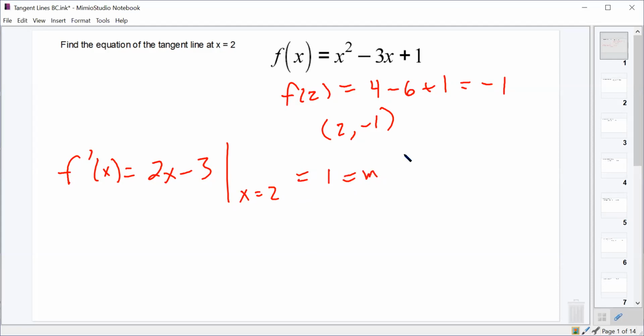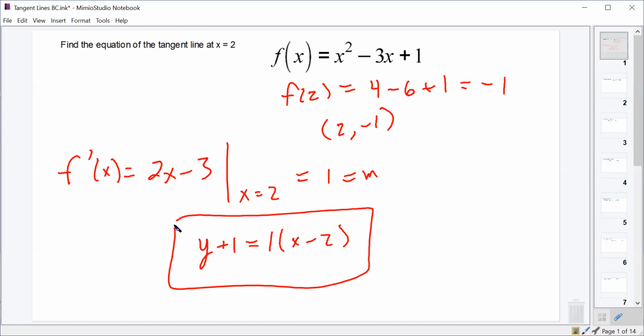So we've got our point, we've got our slope, should be y minus -1 or y plus 1 equals our slope m times x minus 2. Easy enough. Hopefully.